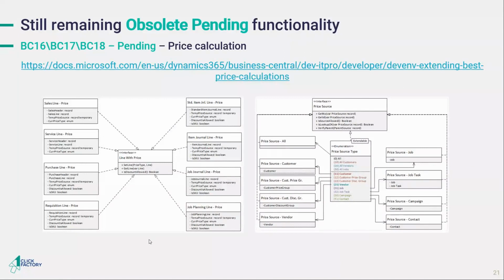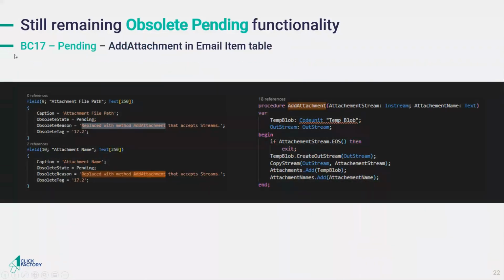It's more expandable, more reusable in the extensions, but it's quite different, and I would suggest already to plan some time until next year's release to implement this functionality and use the new one. In Business Central 17, attached files in the email item table were replaced with one procedure, and it's still pending. And there are no preprocessor symbols to remove this still.